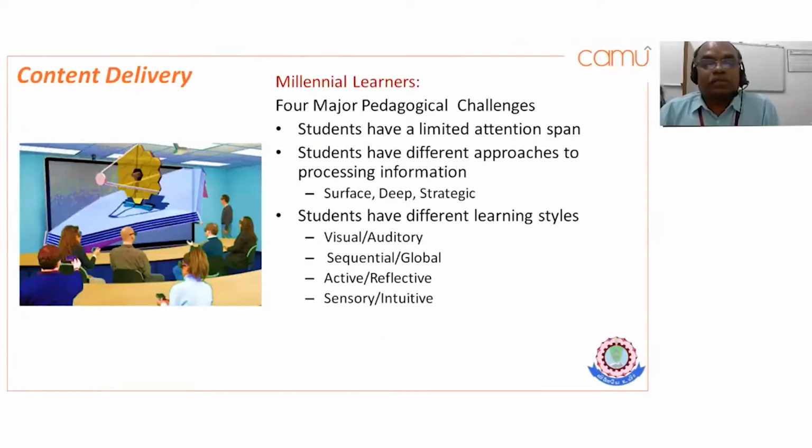So students may be among these criteria: visual, auditory, sequential, global, active, reflective, sensory, intuitive. They may be in any one of these cases, but we cannot change that. I may fit into auditory, global, reflective, and intuitive. But students may be at different levels, so we plan activities through collaborative and active learning strategies to fill this gap.